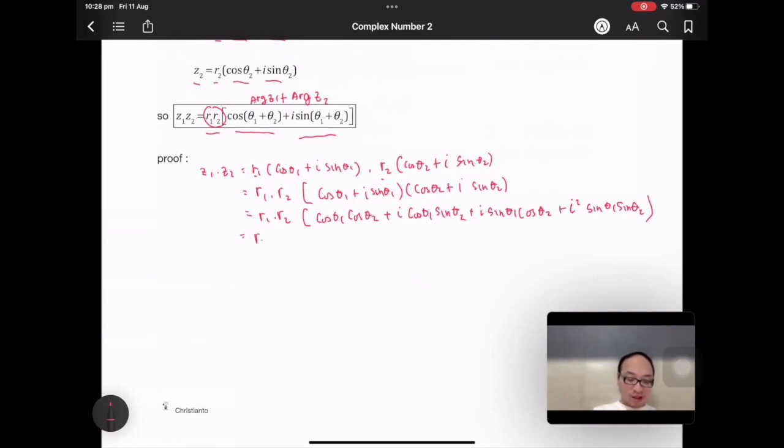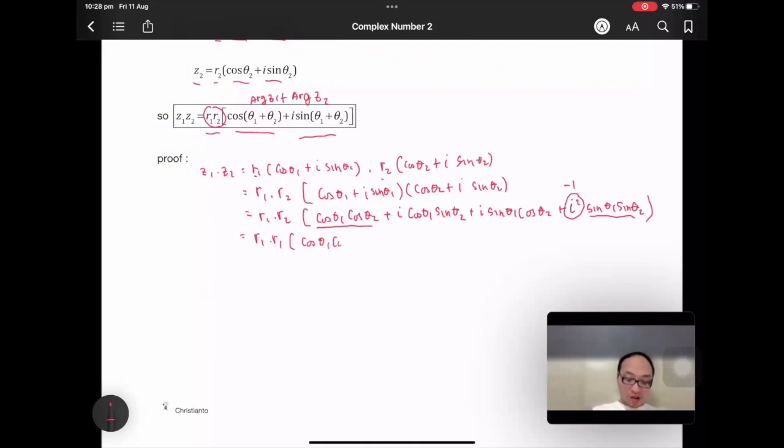And this equals r1 times r2. We can change this: i squared is negative 1. So we have cos theta1 cos theta2 minus sin theta1 sin theta2.